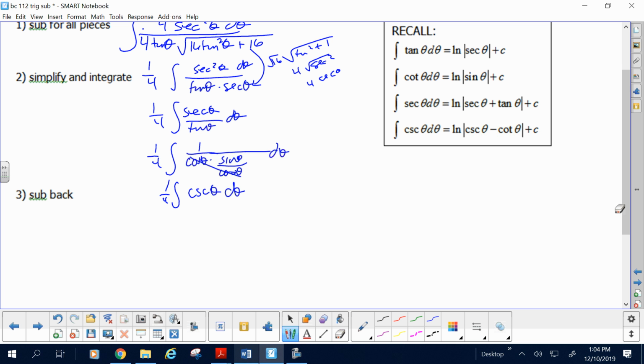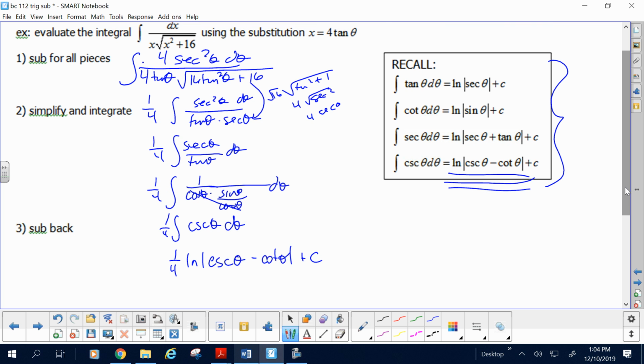This one was a little iffy there, so I expected some people to be a little iffy on some of these, so you should definitely study for the final. The antiderivative of cosecant is log of cosecant minus cotangent. All right, so this is 1/4 log of absolute value of cosecant theta minus cotangent theta. And am I done? No, I need to draw.